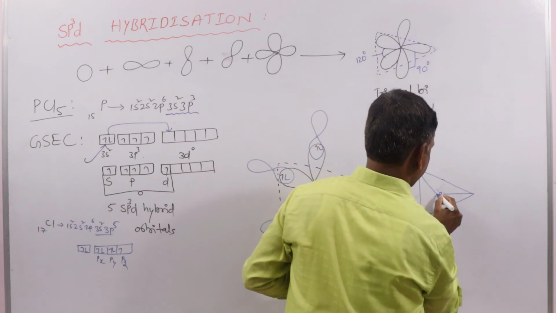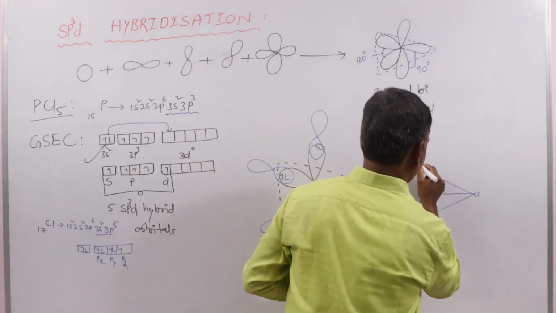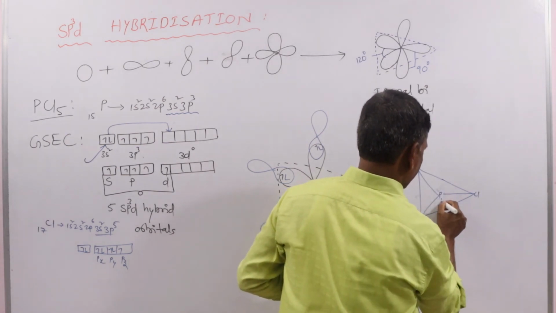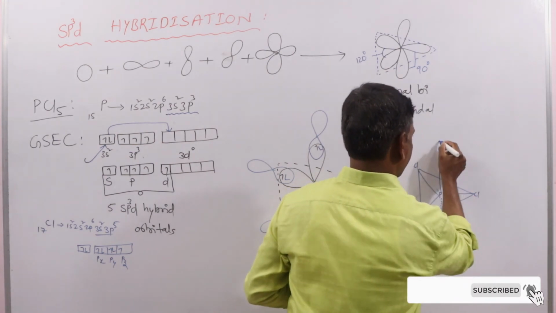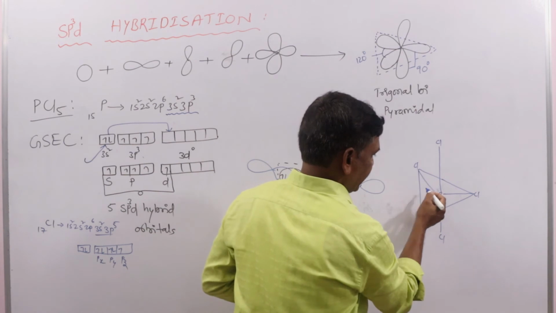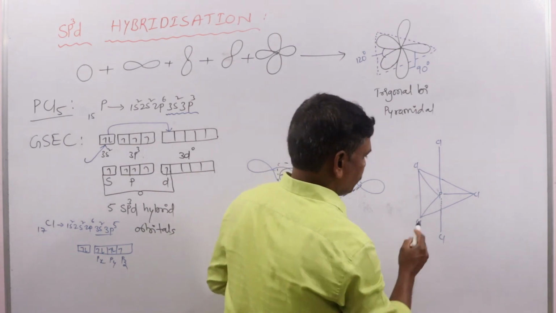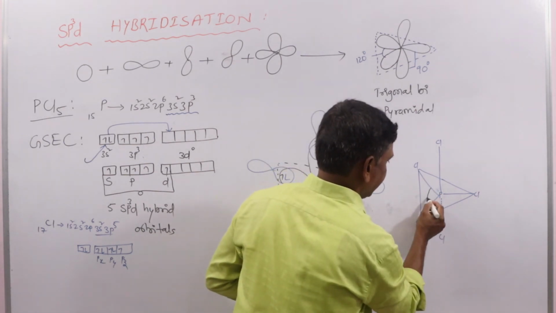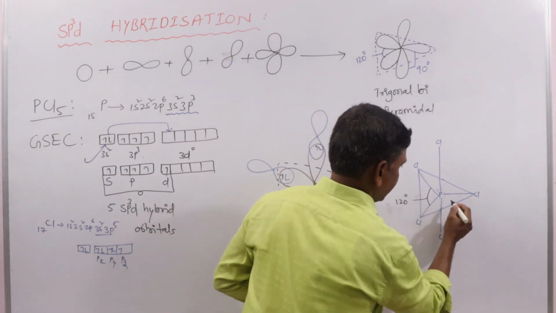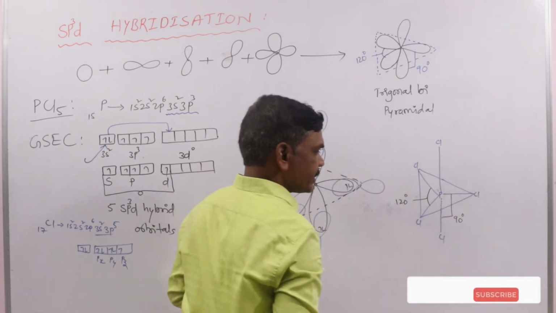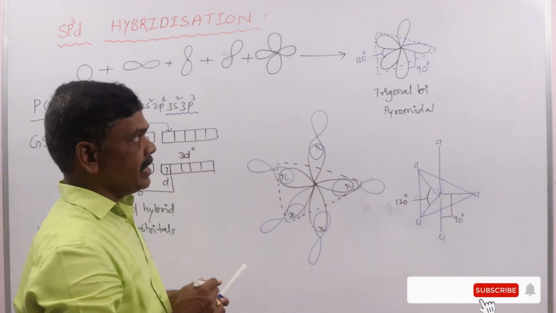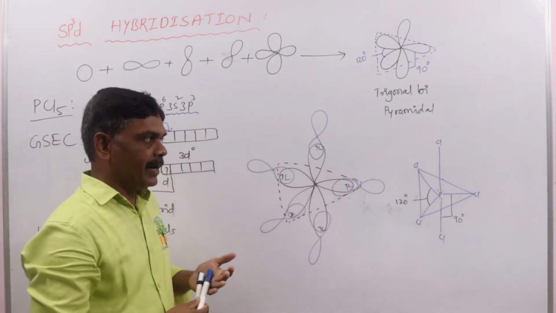First chlorine, second chlorine, third chlorine, and now this is the fourth chlorine. This is the fifth chlorine. Between these two the bond angle is 120 degrees, and between these two the bond angle is 90 degrees. This is trigonal bipyramidal.